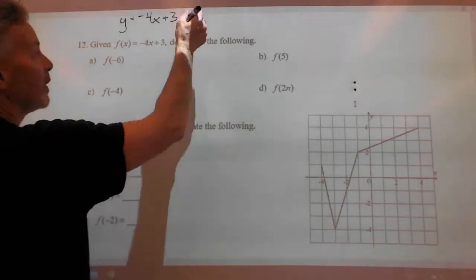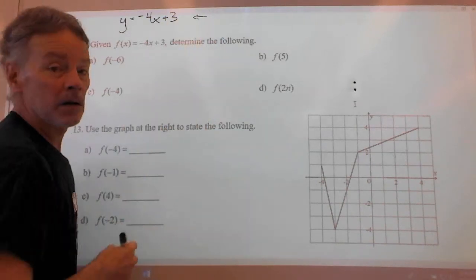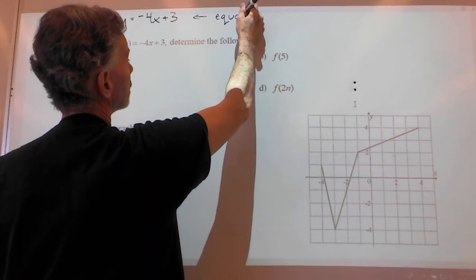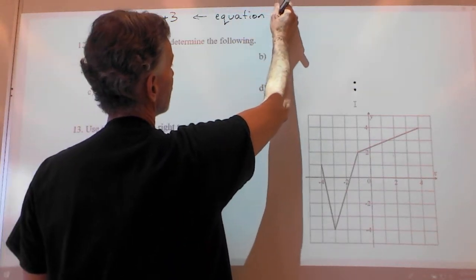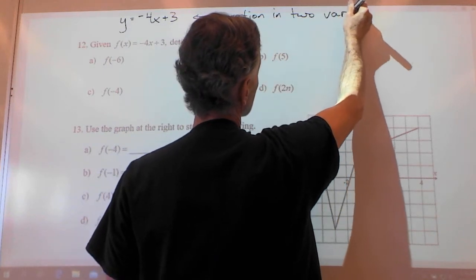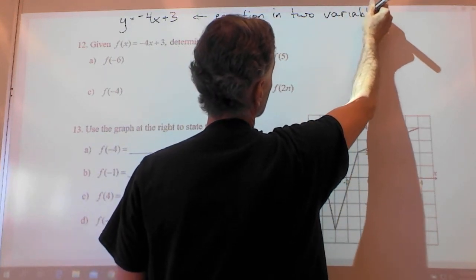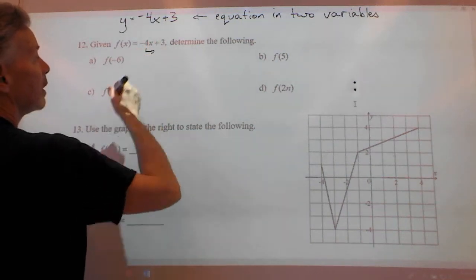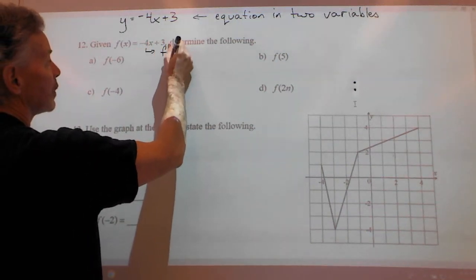So this, remember, is called an equation in two variables, whereas this is referred to as function notation.